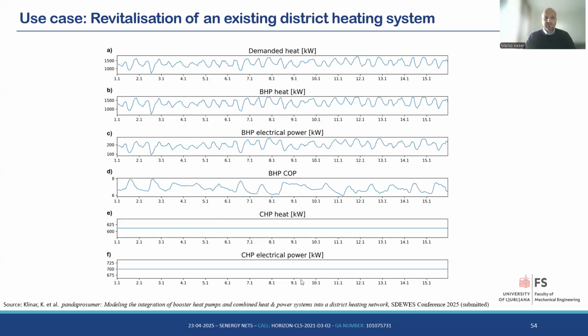This is in mode 3, where we get electricity from outside, and we get the temperature from the CHP, and the booster heat pump tries to satisfy the entire demand. If you look at the top two graphs, you can see that the booster heat pump follows very nicely what the demand is from the external file that we give it.